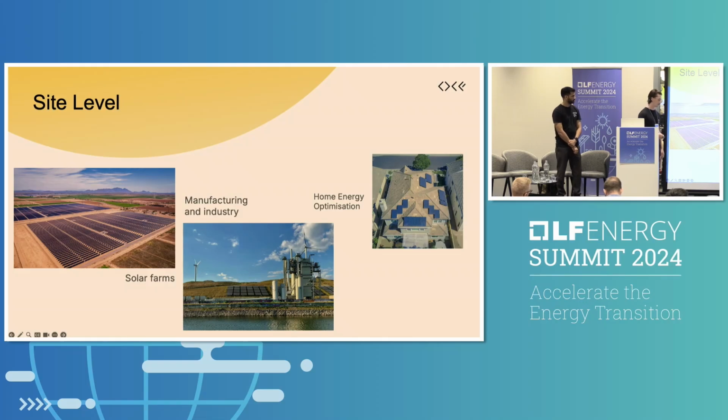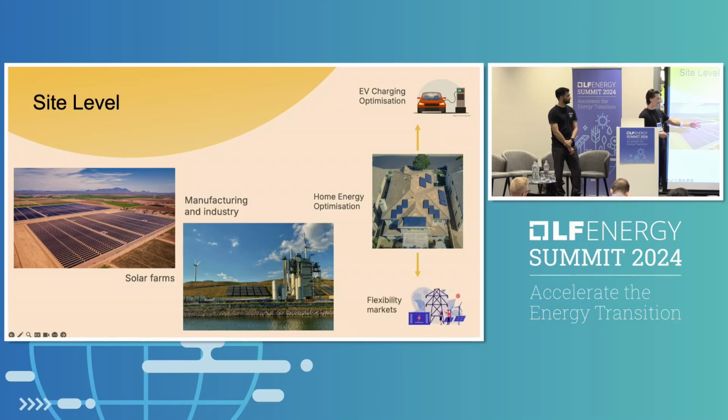And what's getting a lot bigger now is the home energy optimization scenario, where you might have a smart home with solar panels, a battery pack, and an EV charger, and they want to know how all of these different bits of hardware can talk to each other and be completely optimized to save them money and also save carbon emissions.